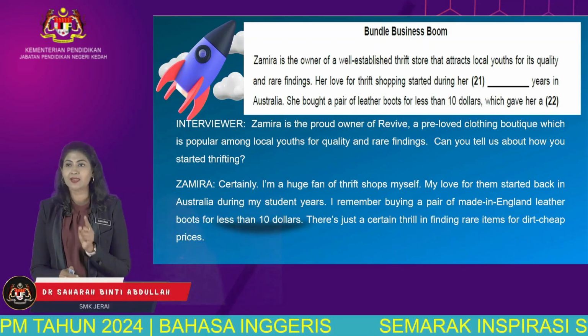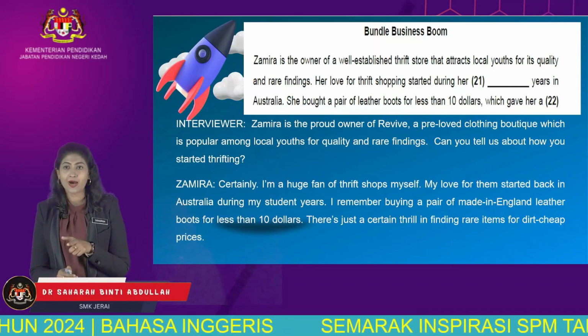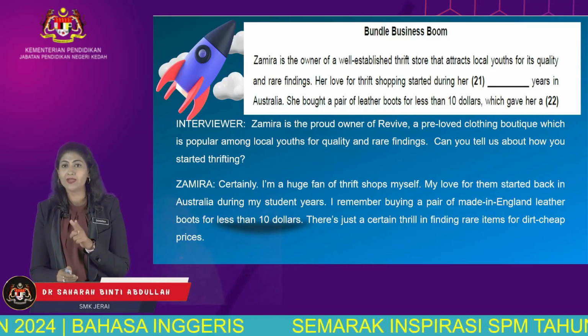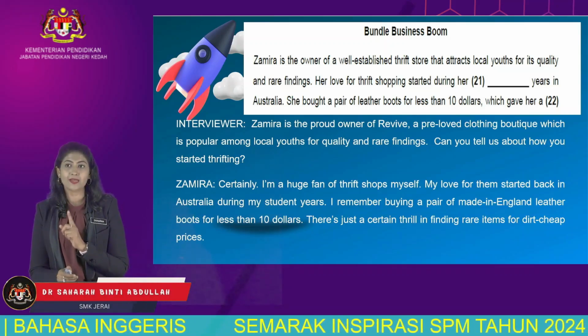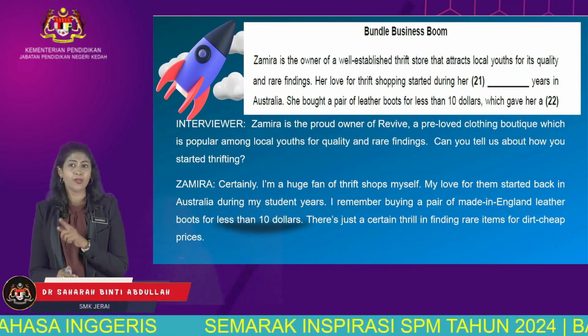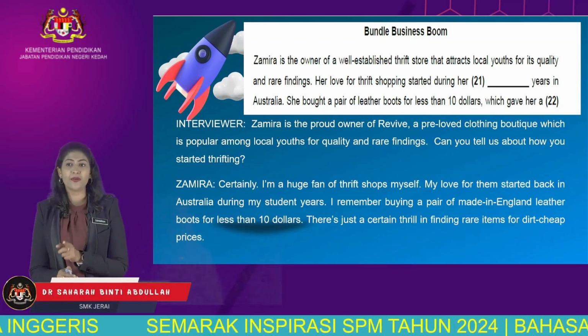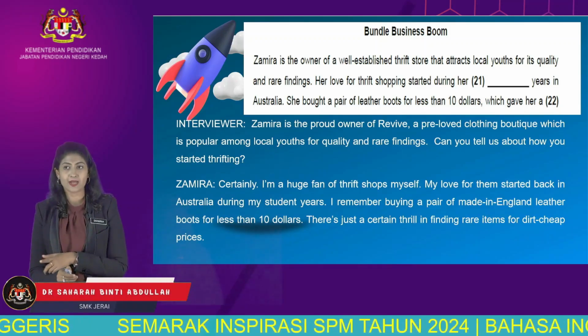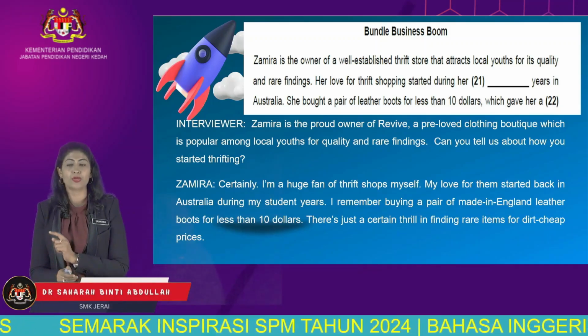So you see, started is already a clue for you. When the interviewer says the word started, that's a clue for you for question number 21. The word started is there. And you look at what Zamira answered. Certainly, I'm a huge fan of thrift shops myself. My love for them started back in Australia during my student years.